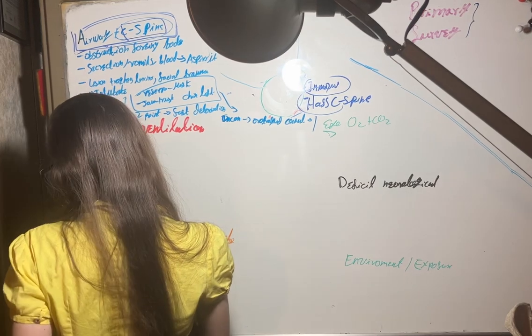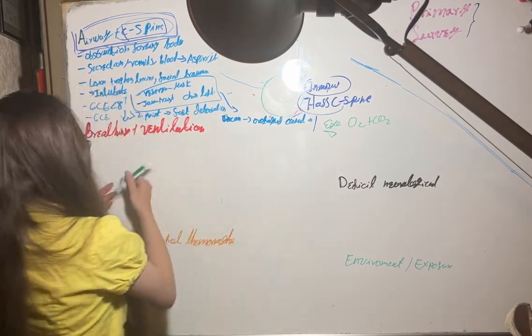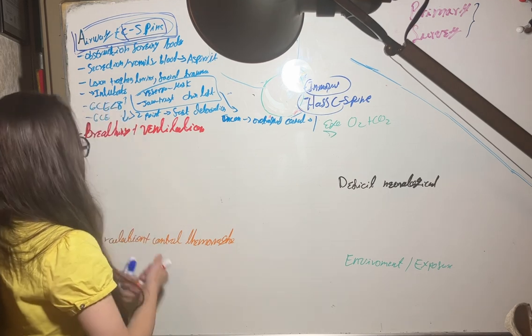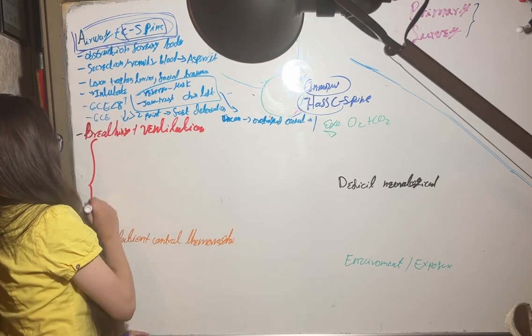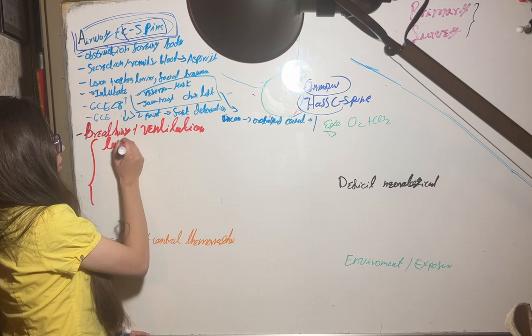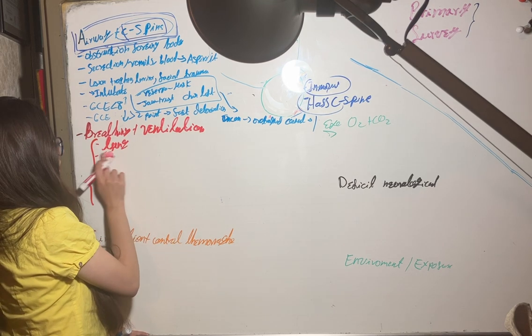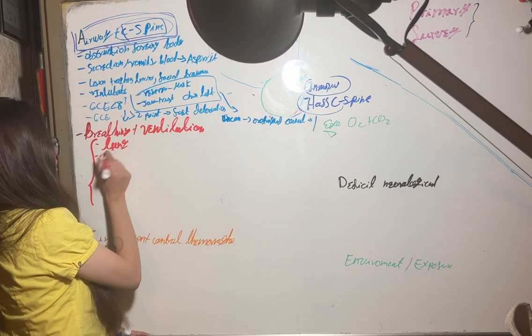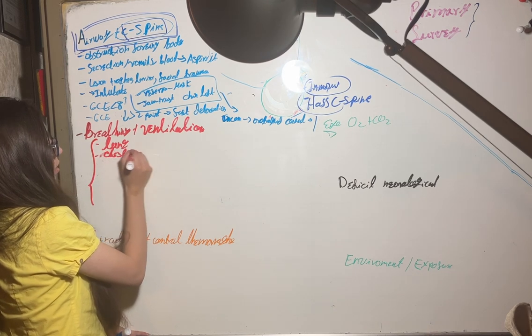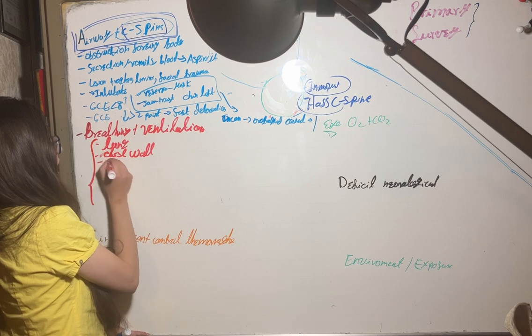So for breathing and ventilation, we care about the lungs, also about the chest wall, and the diaphragm.